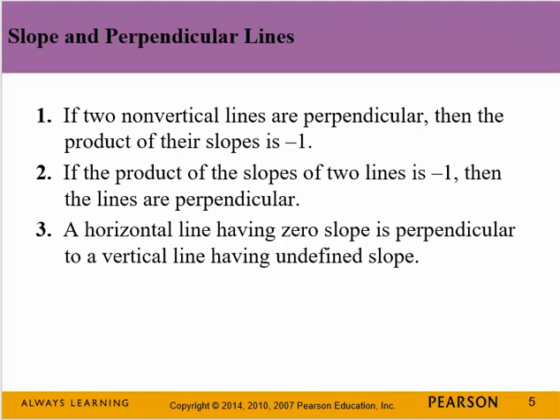Now, in this, we need some background information. We want to now find a line that is not parallel, but perpendicular. And the protocol for that, I'll write it right up here. So if the slope of our first line, let's say, is 4, what would be the slope of a line that is perpendicular to it?